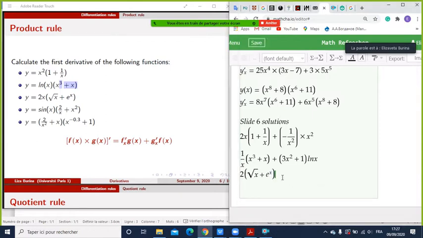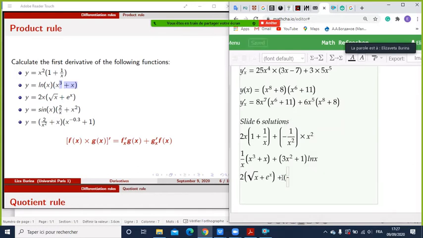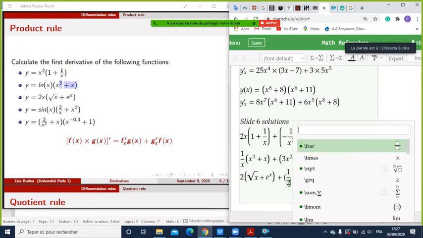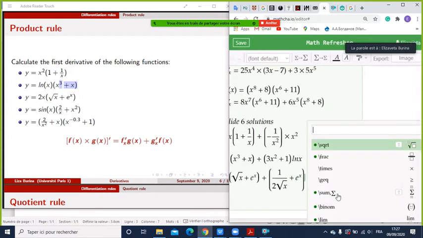Okay, this is a hard one. Plus, now here we're gonna have a fraction. Okay, 1, perfect. Then 2 square root of x. If you got here the expression that I was showing you before, it's all good for the derivative of a square root, plus e to the power of x times 2x.